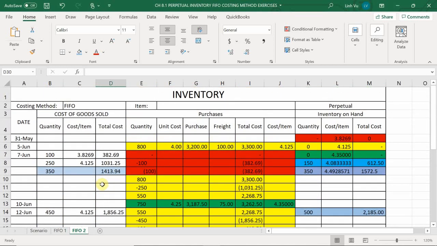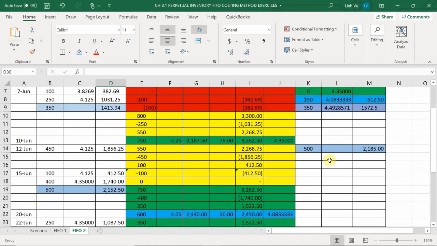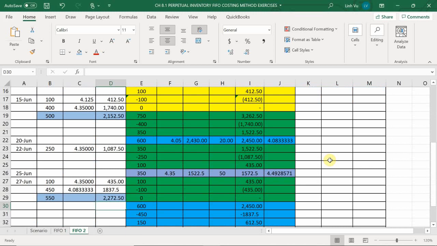Tomorrow, we're going to dive right into 8.2, which is the same thing except we're going to be doing LIFO instead. And I'm going to try to eliminate this middle section here so we don't see all this clutter or colors. But I just want to make sure that whatever method works best for you to keep track of your inventory, once again, because this is the very first problem, if I post the answers and this whole middle section is blank, it's going to be kind of hard to tell what happened and how we eliminated stuff like that.